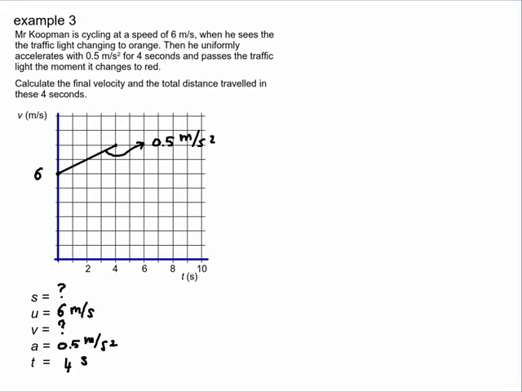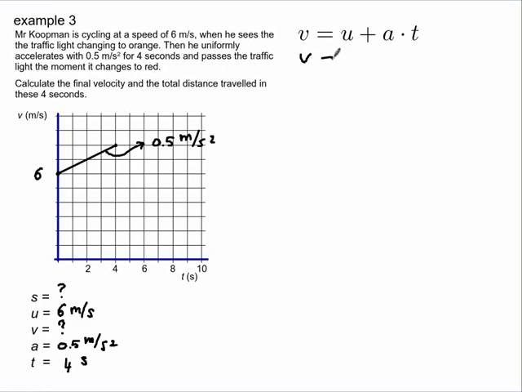Step 5 is calculate, and let's first try to calculate the final velocity. And let's see what formula we can use. Now this formula says something about the final velocity and the initial velocity. Fill in what you know.